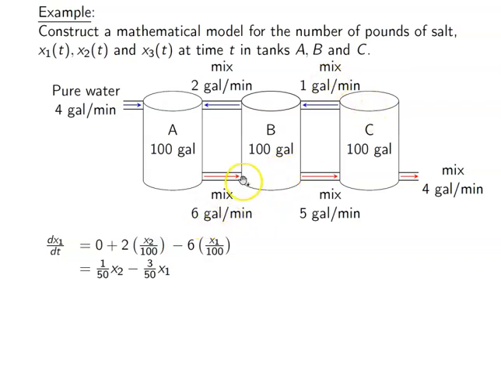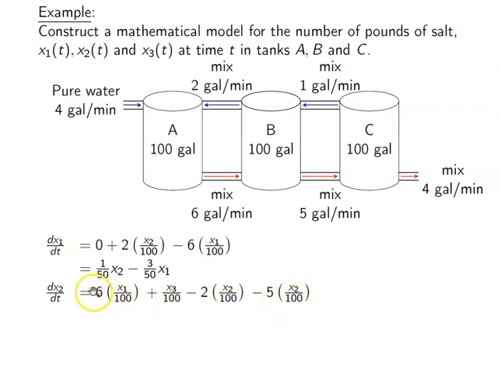So those are the two things that are being added: 6 gallons from x1 out of the 100 gallons in tank A, plus x3 out of 100 at 1 gallon. Then leaving, I have whatever amount x2 is in here leaving at 2 gallons, and leaving at 5 gallons. So minus 2 over 100 of x2, minus 5 over 100 of x2.